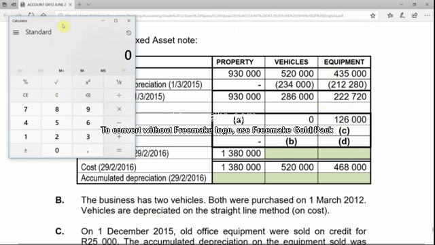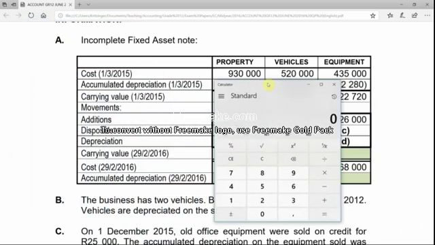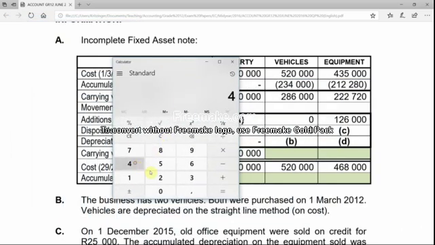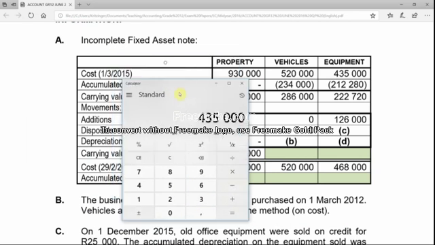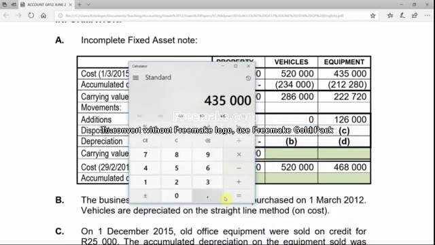We have the cost price at the beginning of the period, which is 435,000. Then we will have to add to that the additions. Additions, we can see, was 126,000. It increased the value of our equipment, so we add.